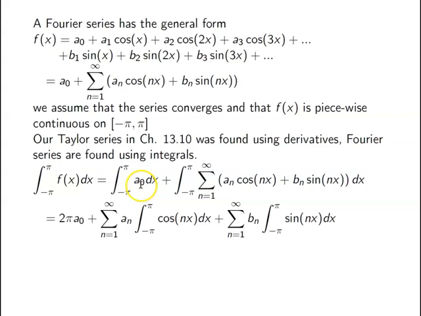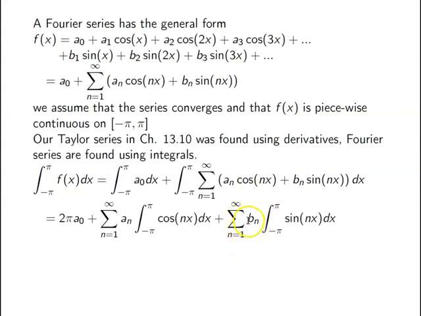Here, the integral of a naught from negative pi to pi is just 2 pi, right? So 2 pi times a naught, that constant, and then I have the sum of my an terms, my coefficients, because it's like factoring out coefficients, although that's not factoring. I'm integrating, however, my function. And then same thing for here.